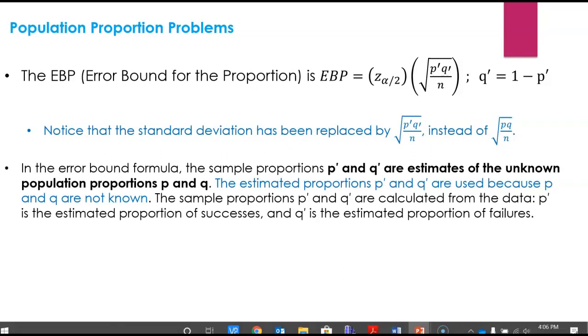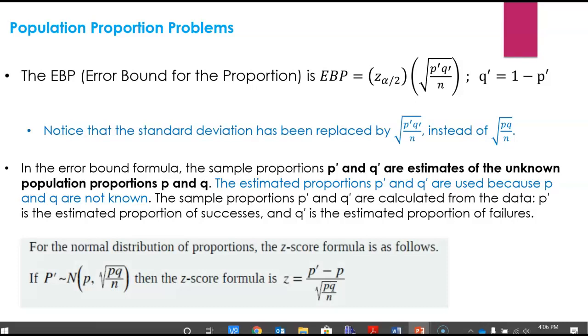In the error-bound formula, the sample proportions p prime and q prime are estimates for the unknown population proportions p and q. The estimated proportions p prime and q prime are used because p and q are not known. The sample proportions p prime and q prime are calculated from the data. P prime is the estimated proportion of successes, and q prime is the estimated proportion of failures.